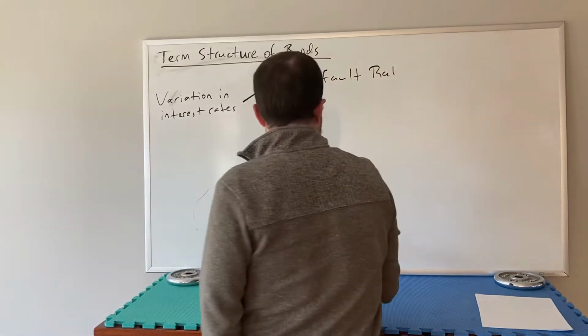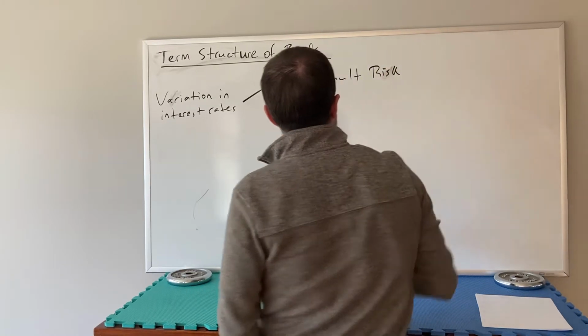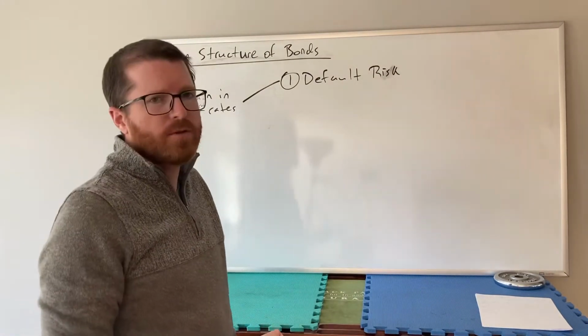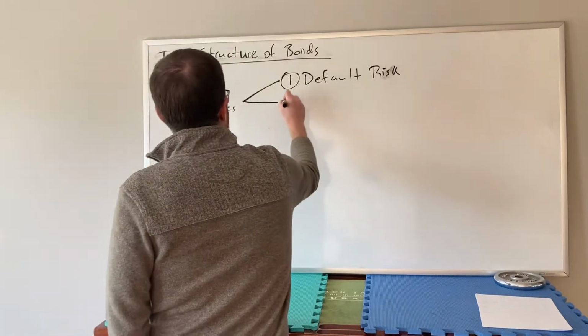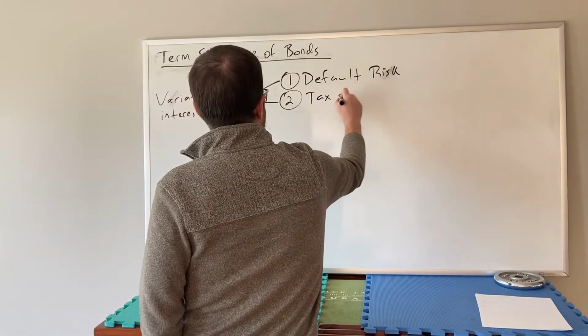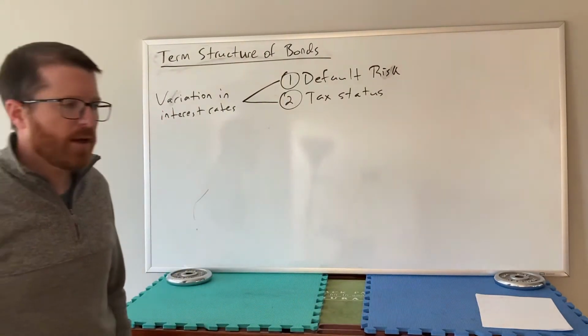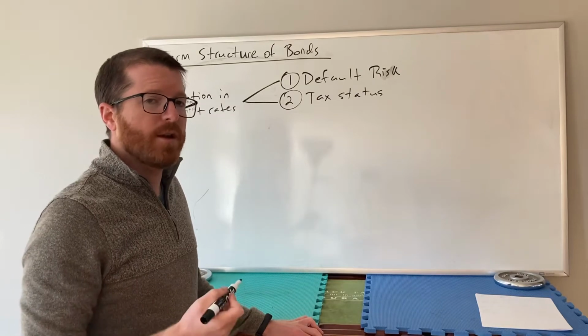One is the default risk or the rate of default, okay? Higher default risk bonds will be forced to offer higher yields, all right? So that's one factor that matters. The second factor that we care about is relative to tax. Municipal bonds are tax-free, which means they're going to offer a lower yield, okay?